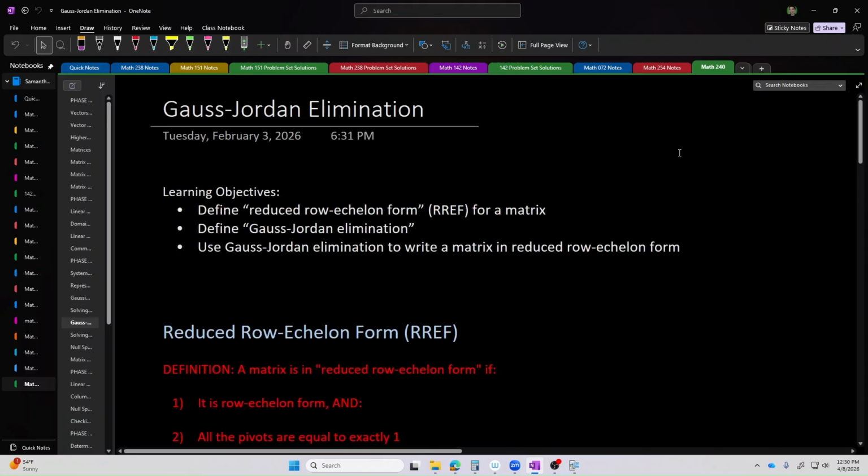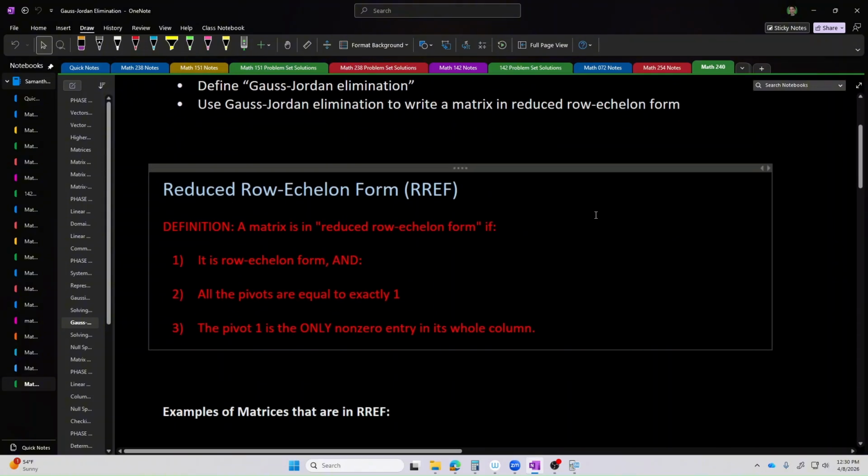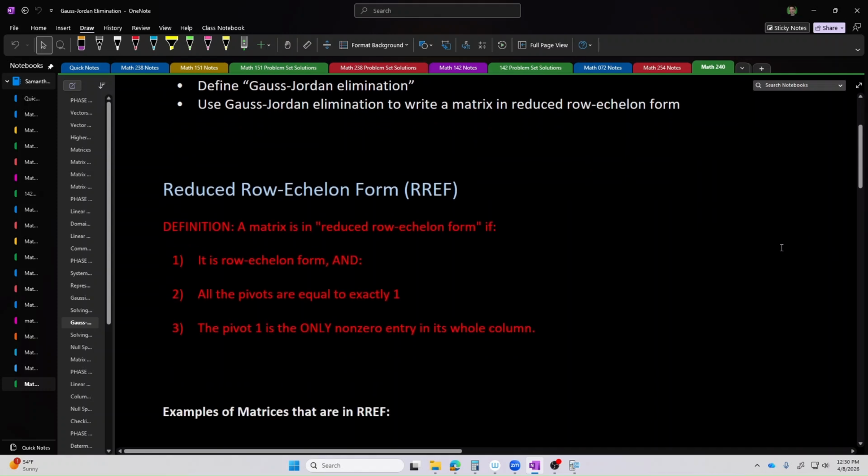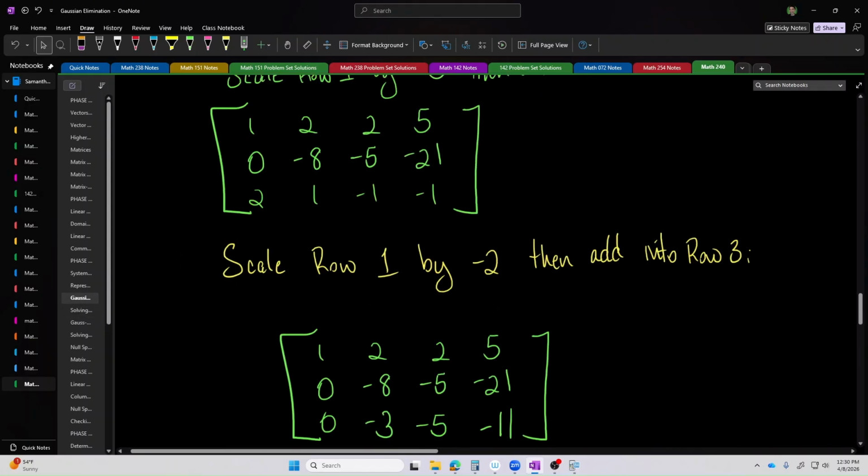To that end, we're going to talk about an algorithm today, which is called Gauss-Jordan Elimination. And to that end, once again, I have to give us some terminology so that we can talk about Gauss-Jordan elimination effectively. So Gaussian elimination was the process of taking a matrix and writing it in row echelon form.